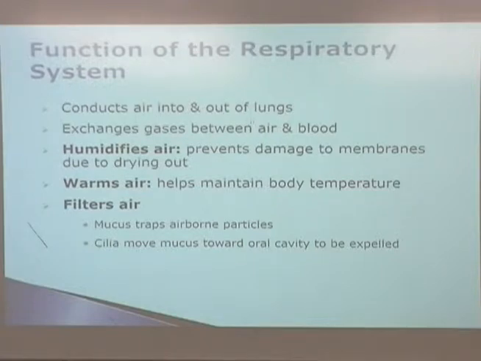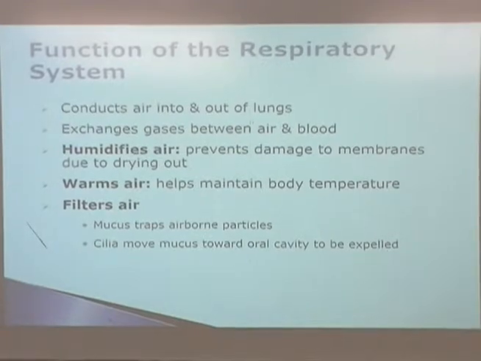What do we need at the end of energy system 3 to continue making ATP? Oxygen. All right, so it doesn't just soak in through our skin. We have to have a way of getting oxygen into the bloodstream. So it's a very sophisticated mechanism that we have in place.